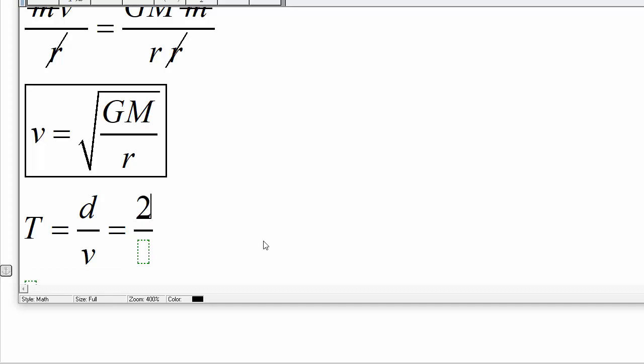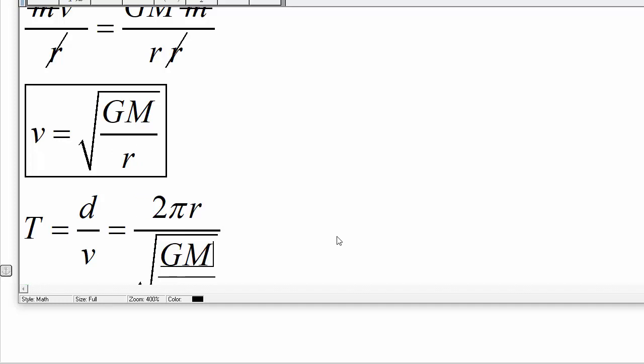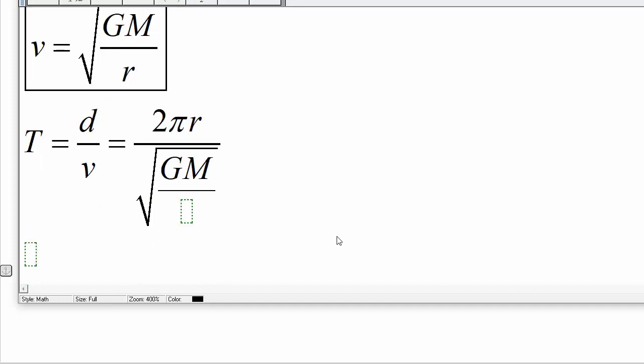And the circumference of a circle is 2 pi times the radius of that circle. And we computed a moment ago the speed, GM over r square rooted. And here's our period formula.